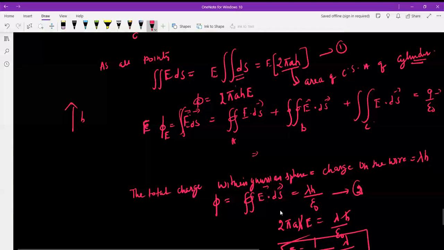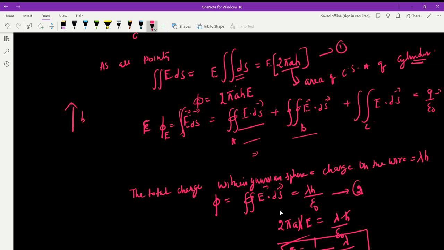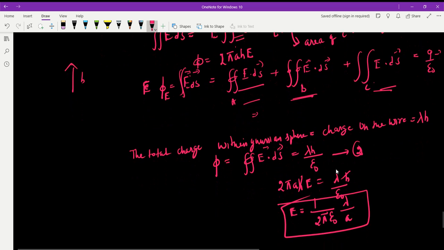Now the total flux is E dot ds of surface A plus E dot ds of surface B plus E dot ds of surface C. A and B are 0, so the third one is 2 pi a h into E is equal to Q by epsilon naught.